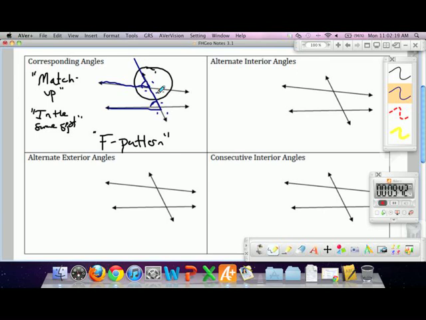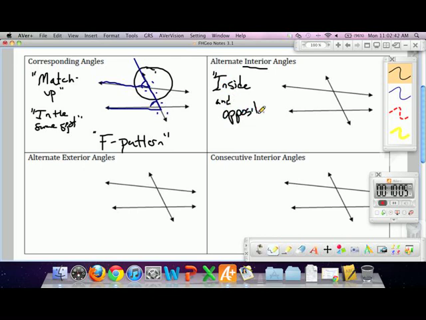Alternate interior angles are interior, or inside, or between the lines being intersected, and opposite. So between the two lines, there's got to be one of these four.